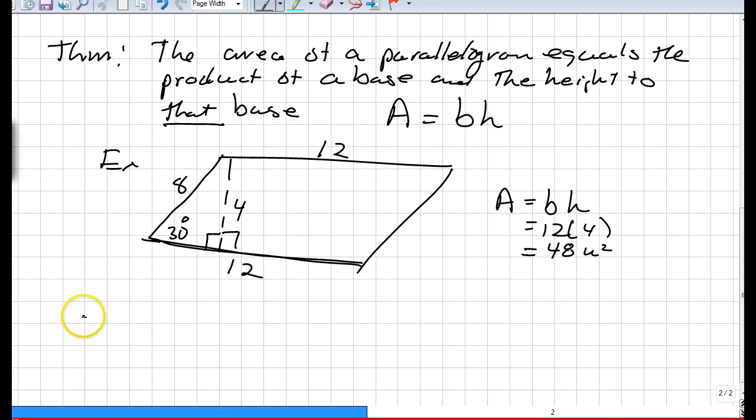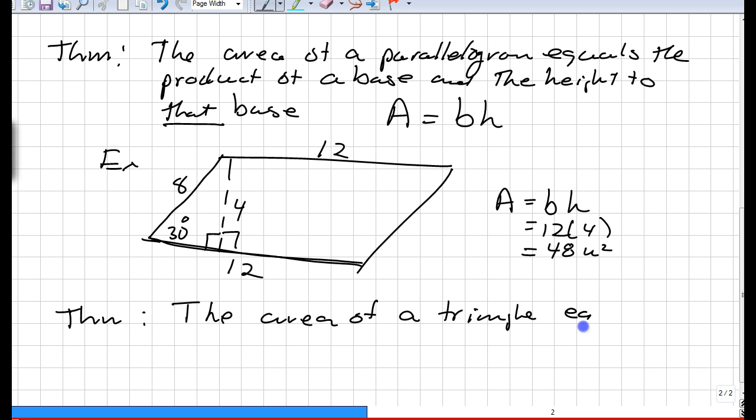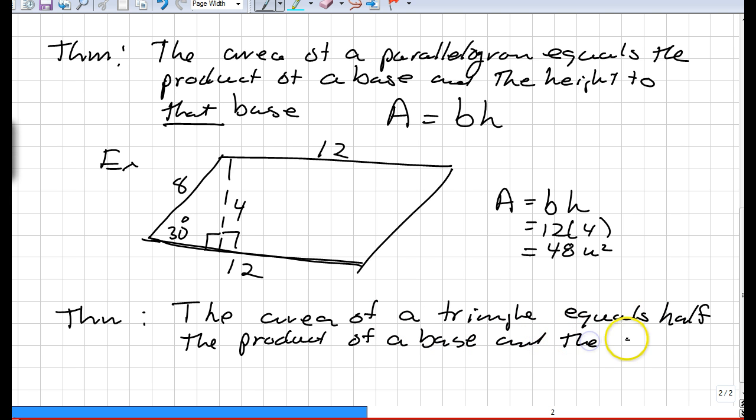Theorem number 2 says the area of a triangle equals half the product of a base and the height to that base.